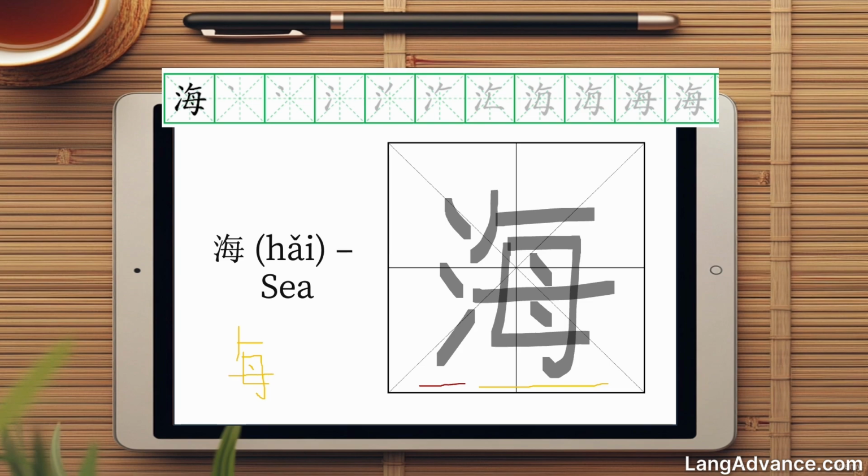This is the 每. The 每, every day, 每天, 每个, everyone, everything, 每. When you see the sea, there will always be water. So that's why 海 always has water.